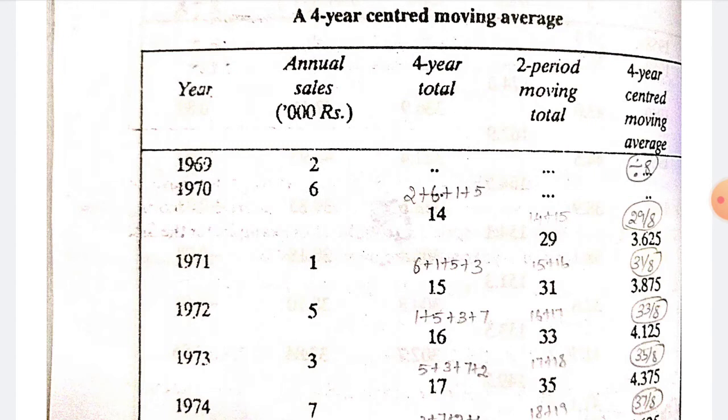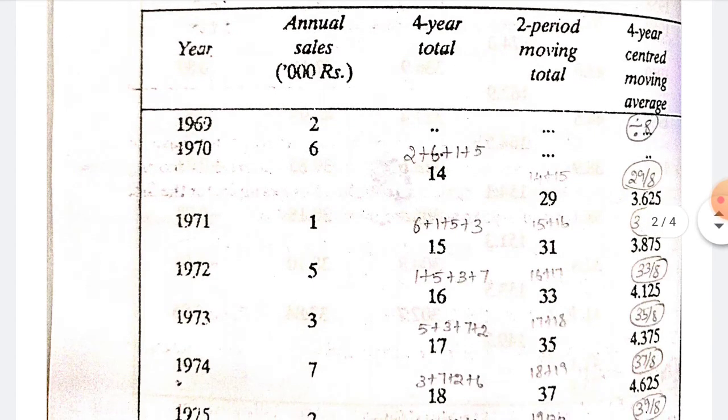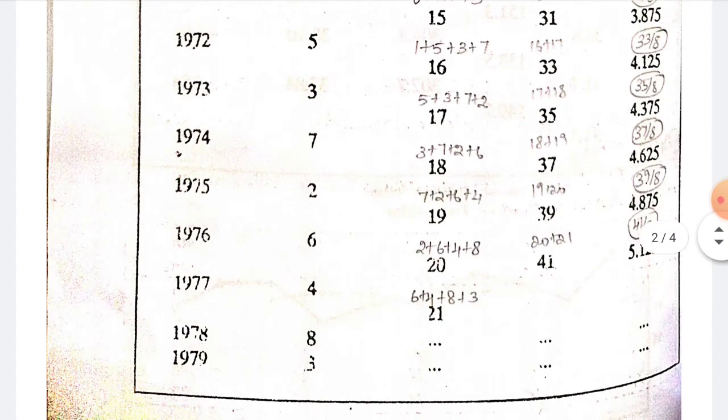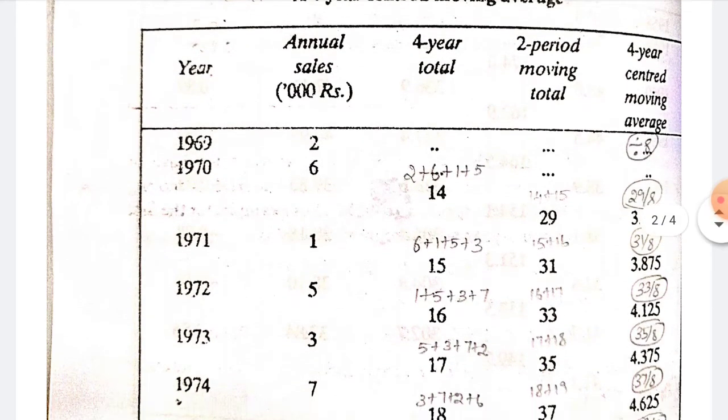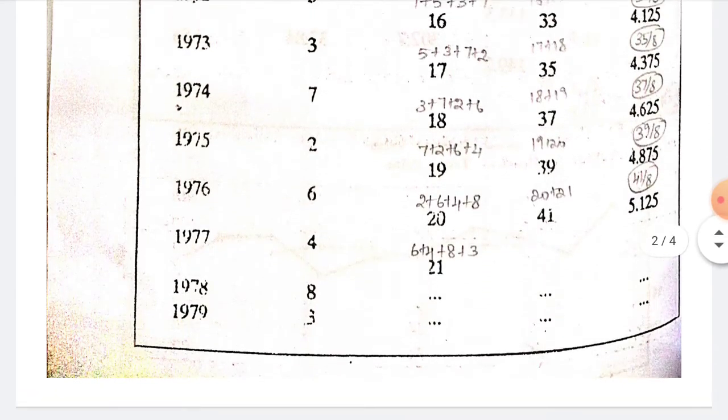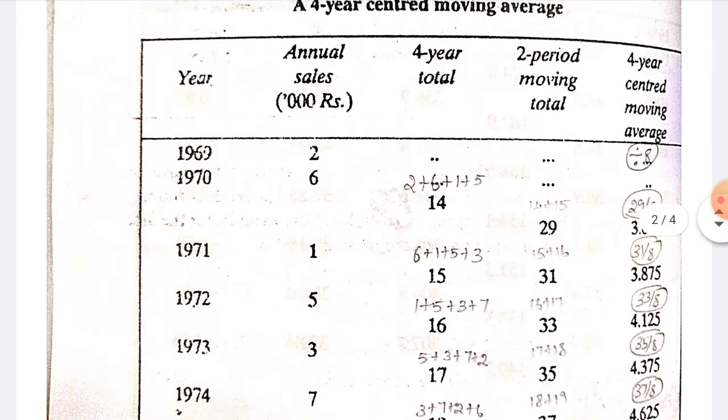I will explain. First write the years 1967 to 1979. Next write the annual sales, that is 2, 6, 1 etc., up to 3. The next is the 4-year total, which you find first. For 1969 we have the value 2, so 2 plus 6 plus 1 plus 5 is 14.